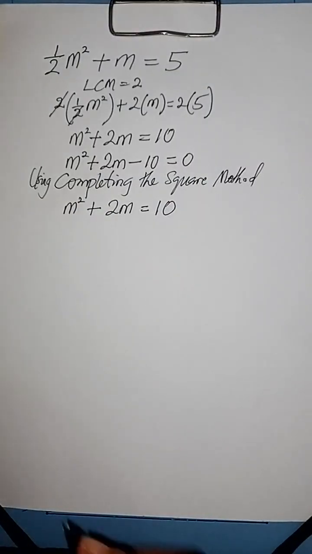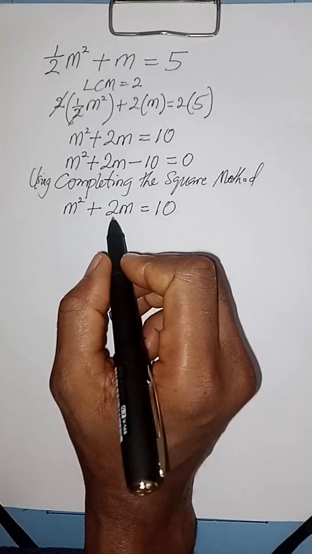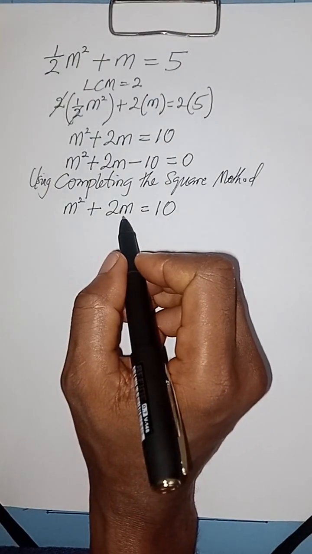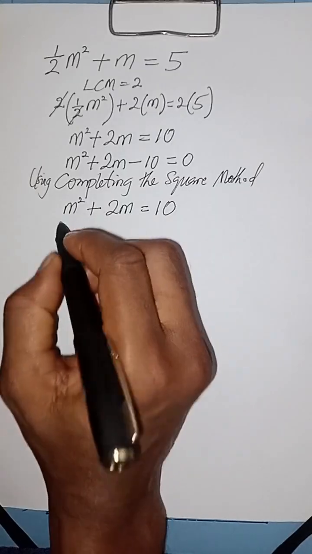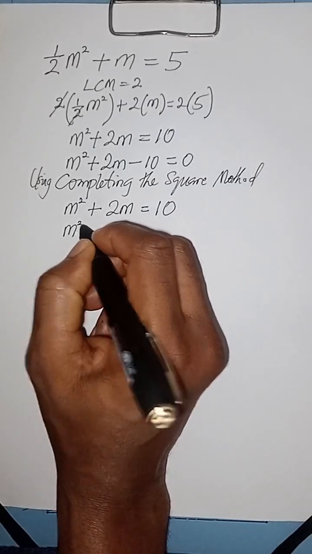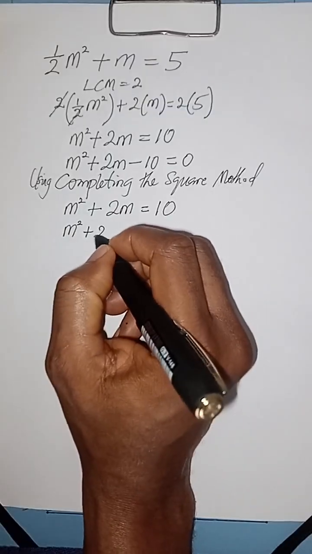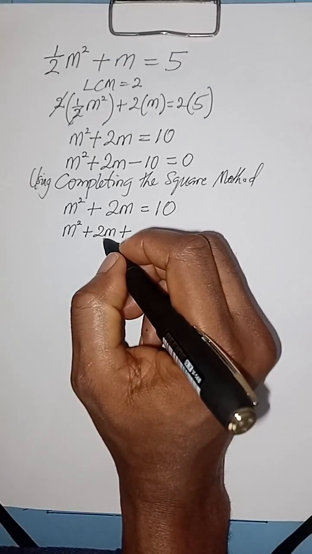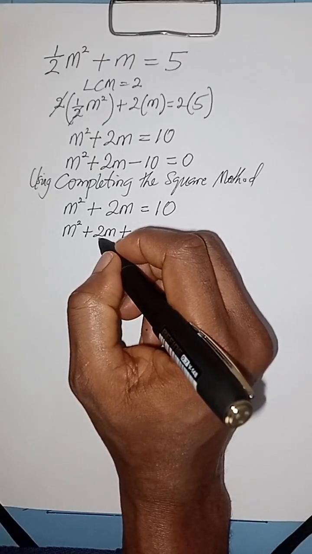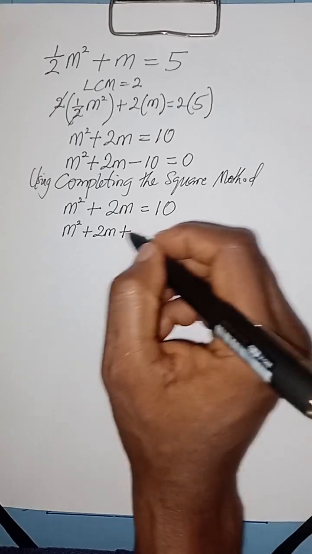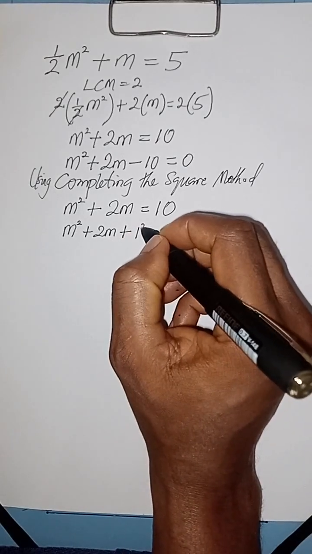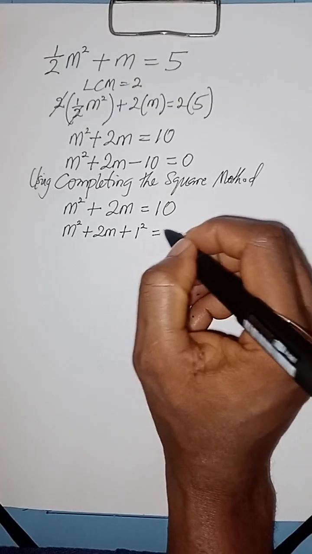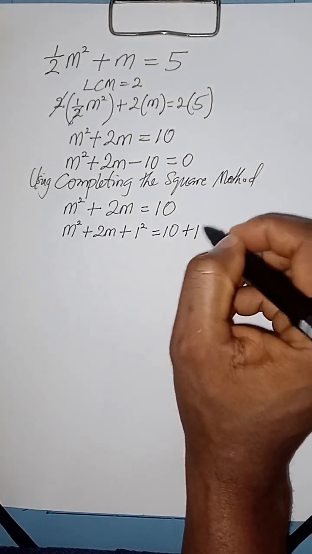The next step, you're going to add half the coefficient of m to both sides and you square it. So this is m squared plus 2m plus half of the coefficient of m, which is 1. Half of 2 is 1. So you square it, add it to both sides. So this is 10 plus 1 squared.